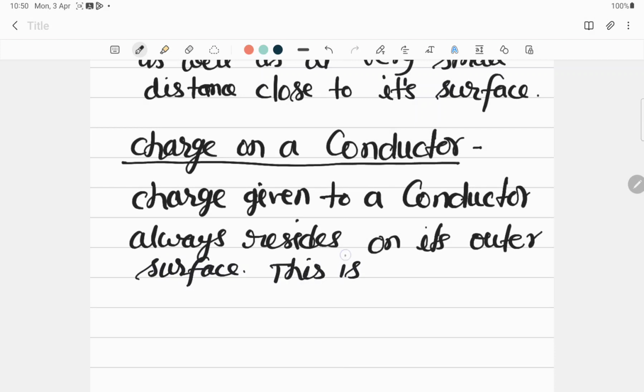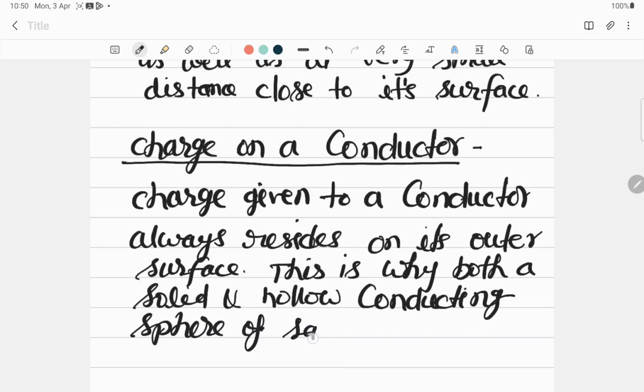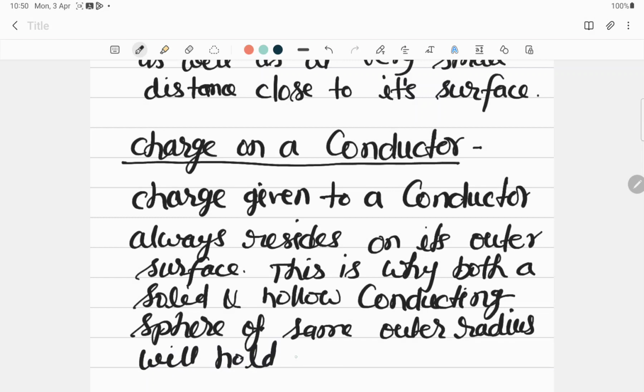This is why both a solid and hollow conducting sphere of the same outer radius will hold maximum equal charge.